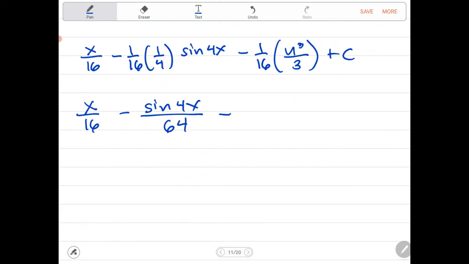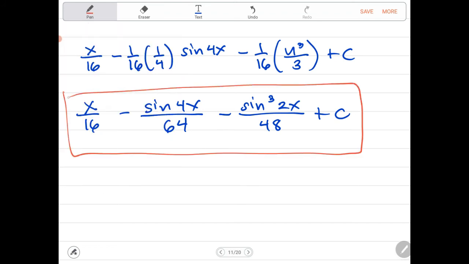So that is minus sine cubed 2x all over 48. 16 times 3 is 48, plus c. So now, this will be our final answer. That's how we are going to do number 2.